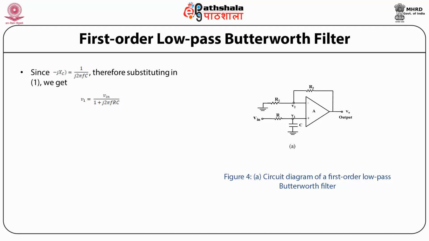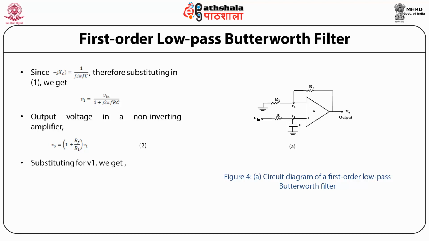Now, we know that the output voltage in a non-inverting amplifier, V0, is related to the input voltage V1 by the equation V0 = (1 + Rf/R1) × V1. Therefore, substituting for V1, we get V0 = (1 + Rf/R1) × Vin / (1 + j2πfRC).